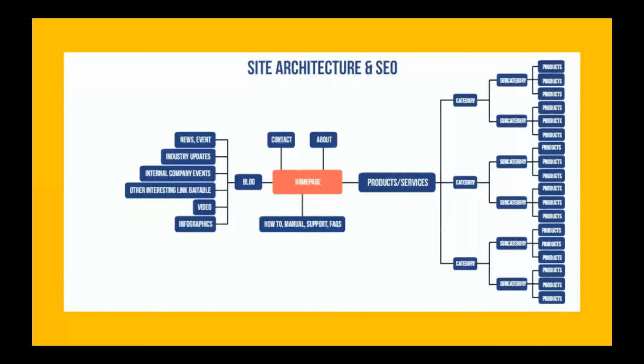This is an example you can refer to: the homepage, and then you can have the contact, the blog, and then you have your products. So you need to know first what you want in your website. This would also be great for SEO. I'm not going to talk about SEO, but this would be very helpful for Google to crawl your website.